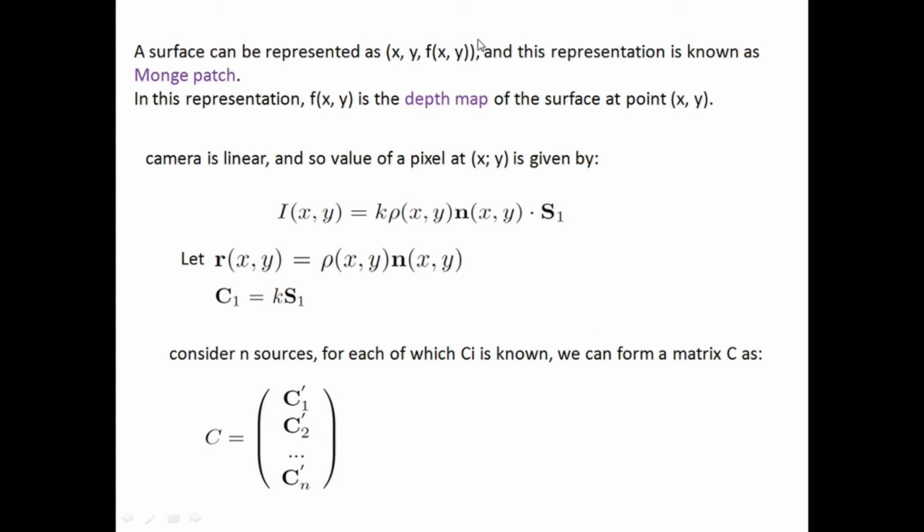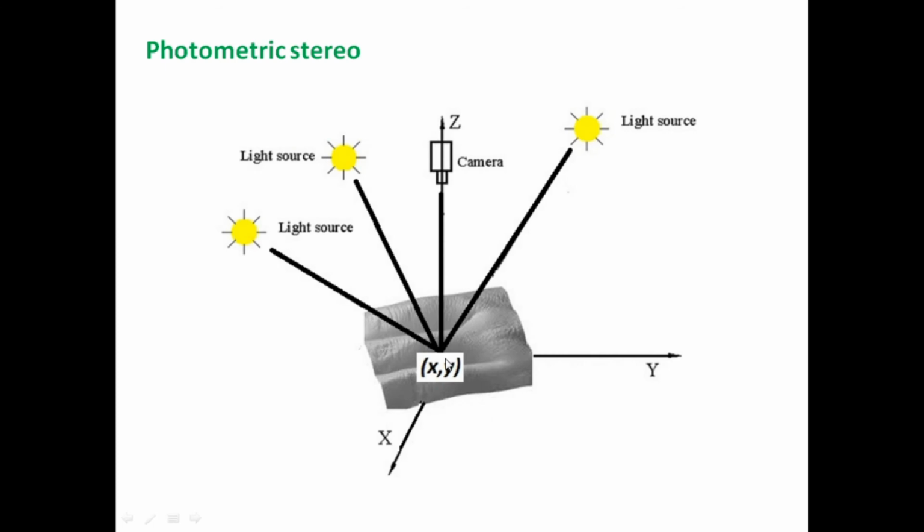This kind of representation is the Monge patch representation. In this representation, f of x comma y is the depth map of the surface at the point x comma y.